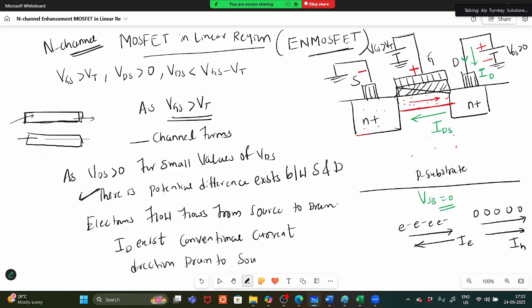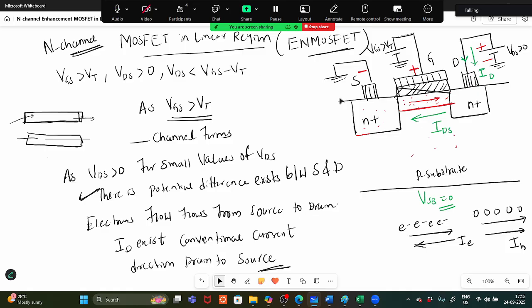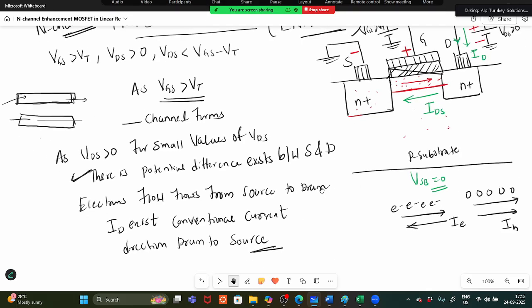Is it fine? Did you understand the operation of this linear region? Yeah, give a response. Shall I move forward? Yes, sir.